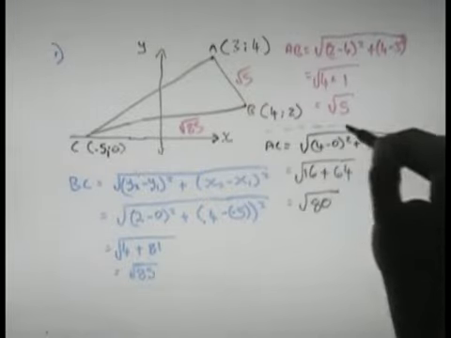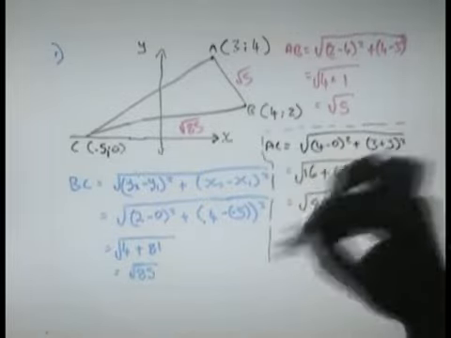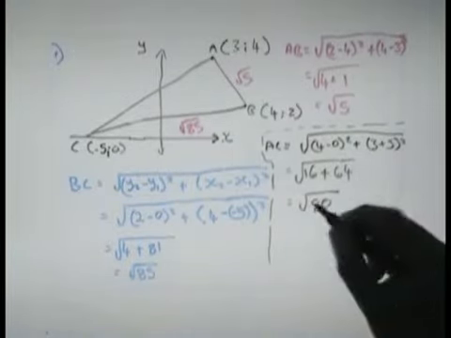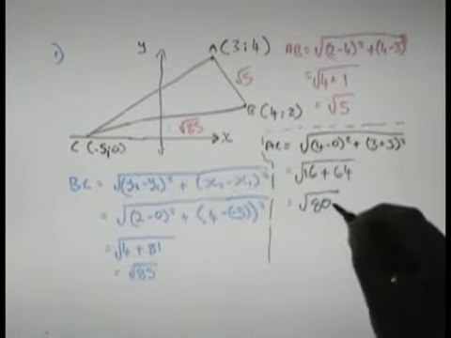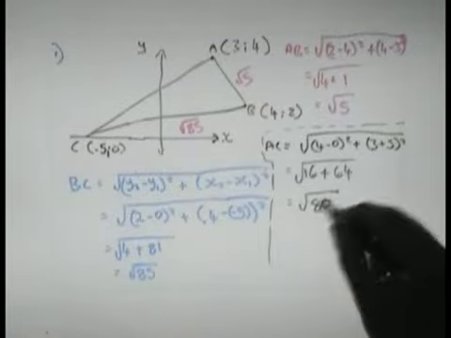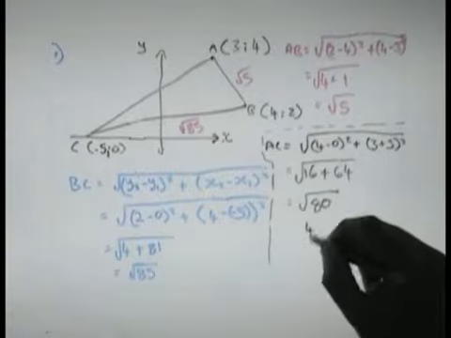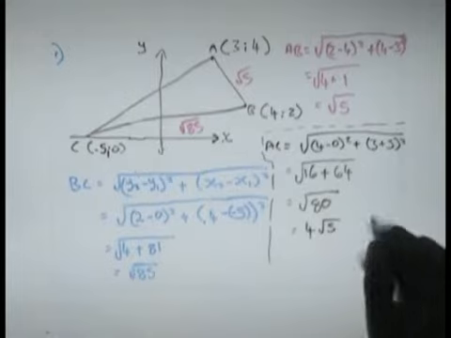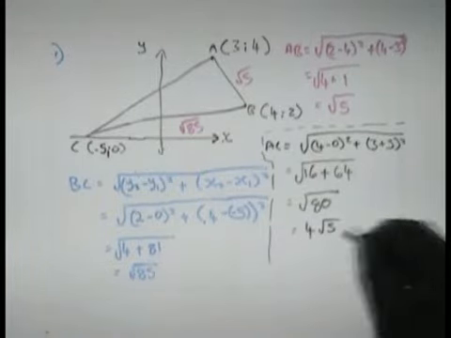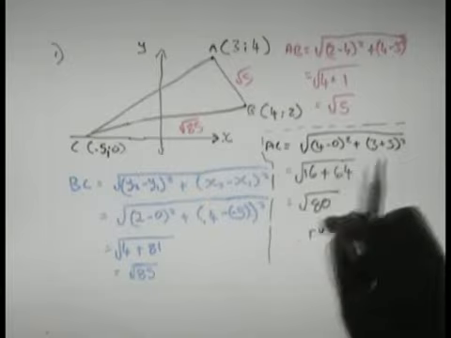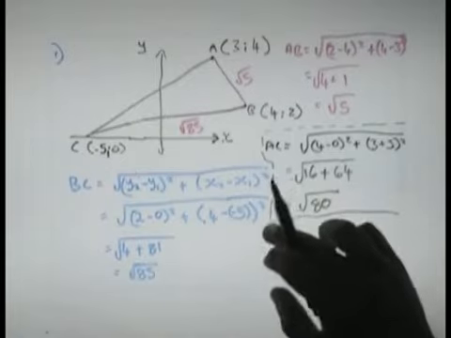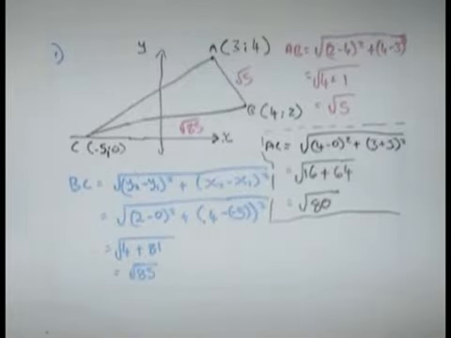Not in this case. You don't have to. This last one though, we can simplify it a little bit further. Root 80, 16 goes into 80 5 times. Square root of 16 is 4, so 4 root 5 is equal to root 80. So I can leave it in that answer. Alternatively, I could have just left it as root 80. That's fine. Root 80 is not the simplest surd form though, but I'm not too bothered about that.